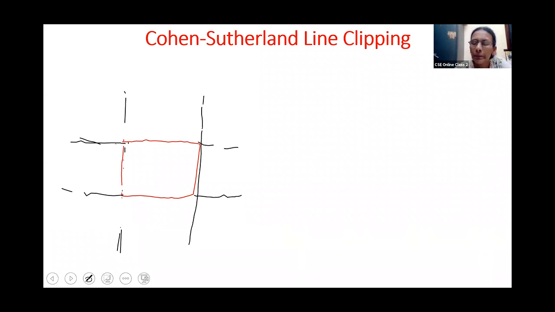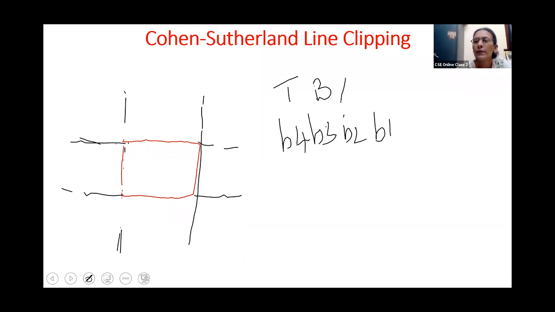The outcode consists of 4 bits: bit 1, bit 2, bit 3, and bit 4. Bit 4 stands for the top boundary, bit 3 for the bottom boundary, bit 2 for the right boundary, and bit 1 for the left boundary.